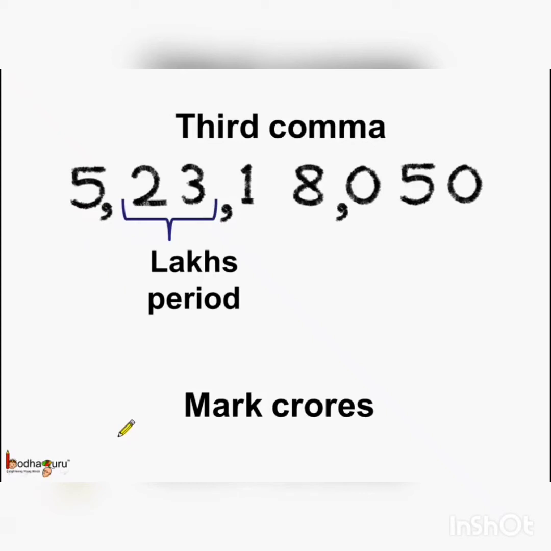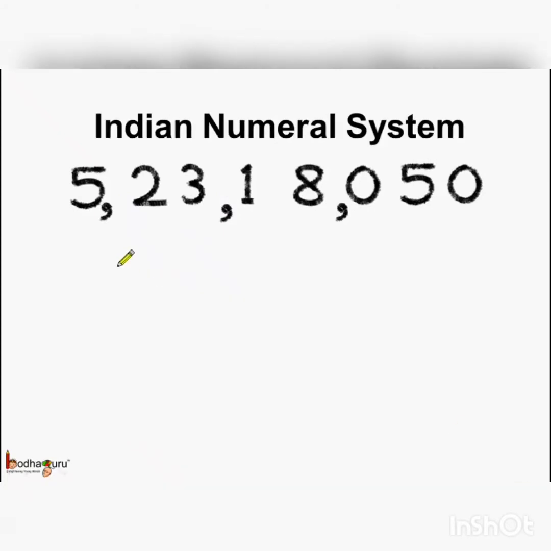Now let us read this number according to the Indian numeral system. So we know this is the crore place, this is the lakhs place, this is thousands, and this is the units period, which consists of hundreds, tens and ones.